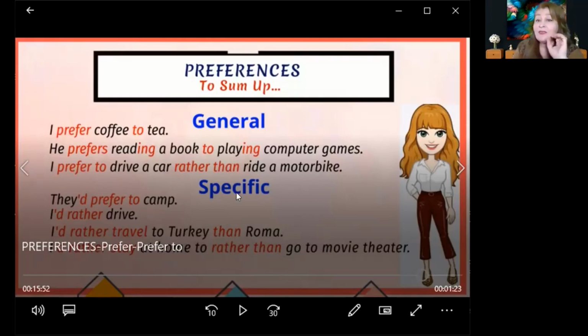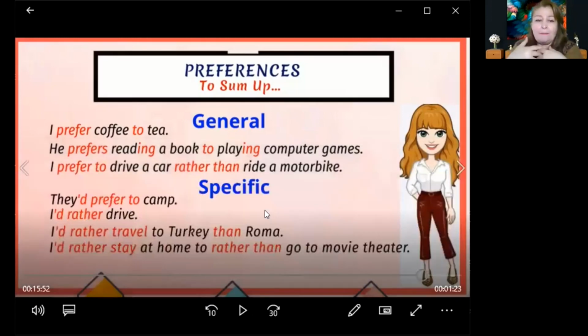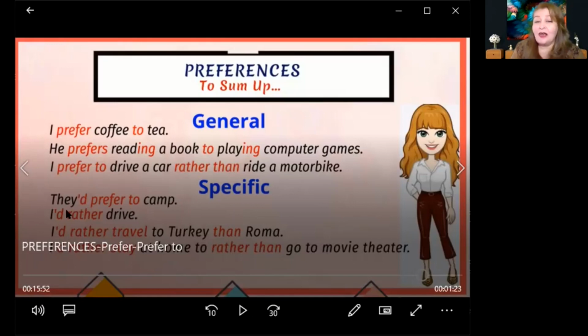Okay. And for the specific uses, when we have an urgent or recent plan or recent wish to tell these things, we can use the structures here. I'd prefer to camp. I'd rather drive. You can only use a noun or an action maybe.